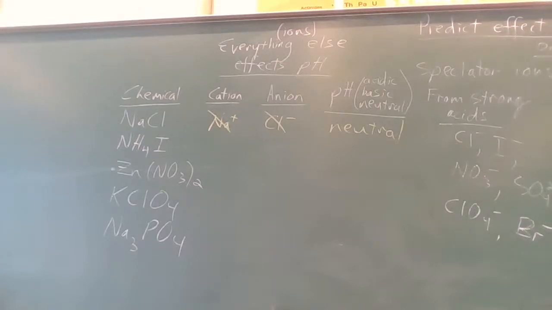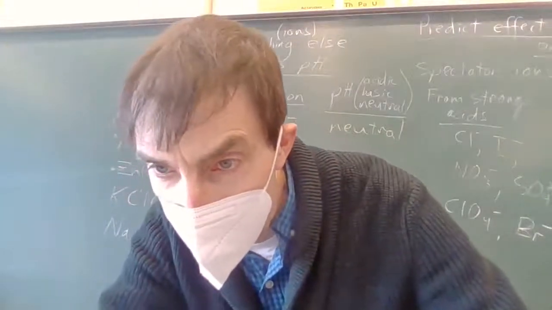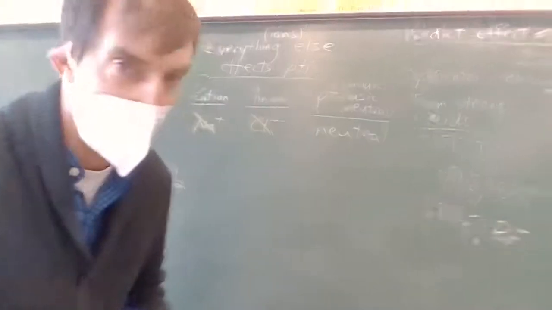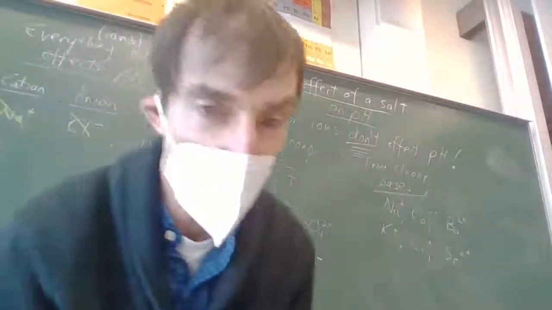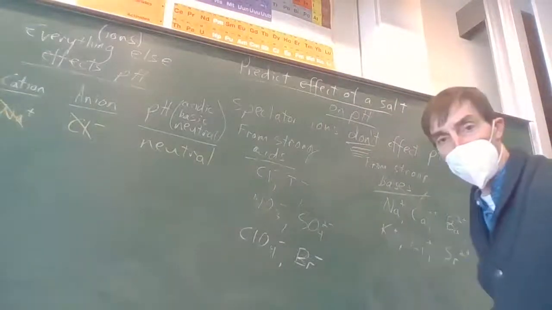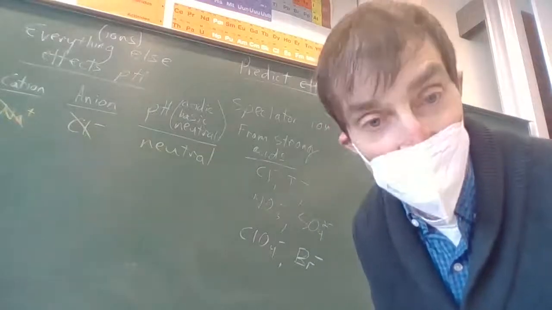Okay, today's the 10th, right? So the ions on the right are all the ones that are spectators, right? Yes, Oscar. They're the ones that don't affect the pH. So whenever you see those, you can kind of ignore them, and then the other ion is the one that does something.